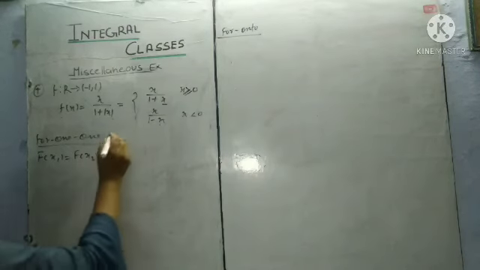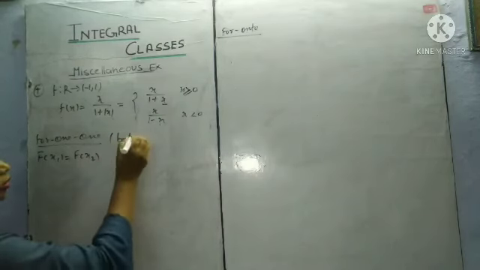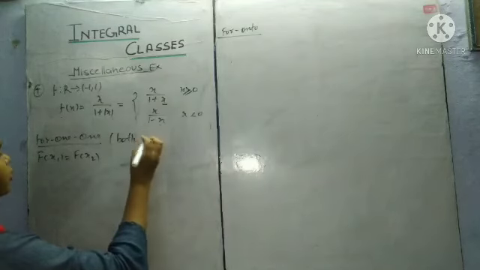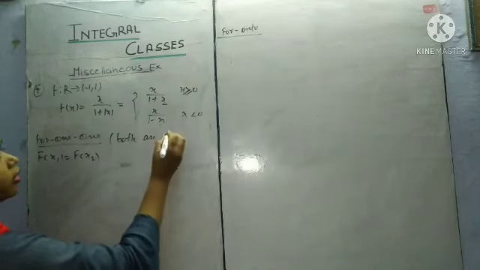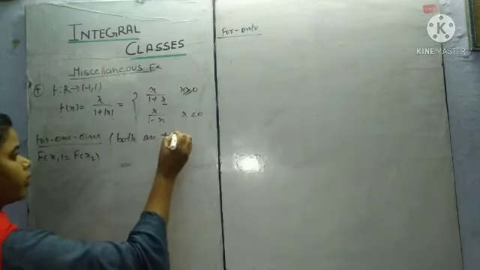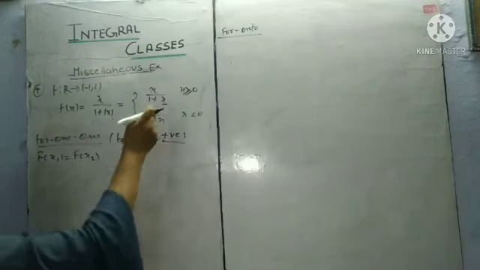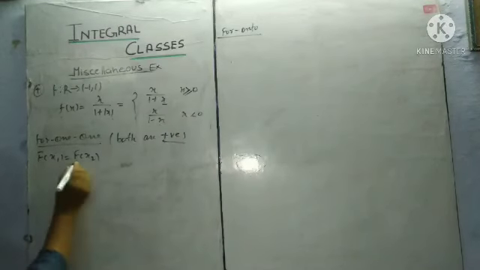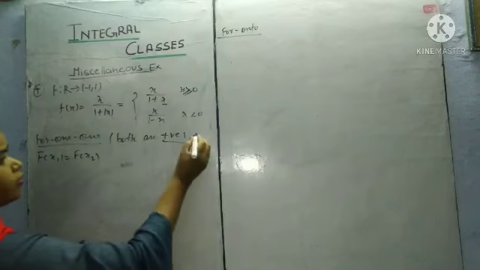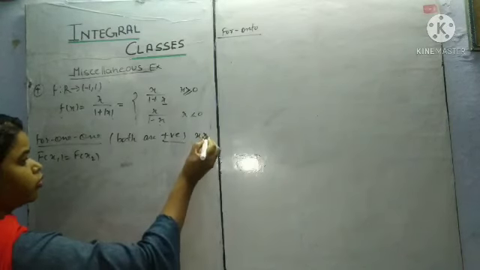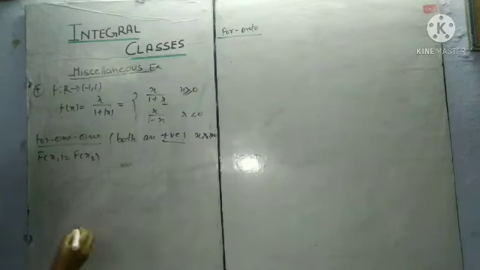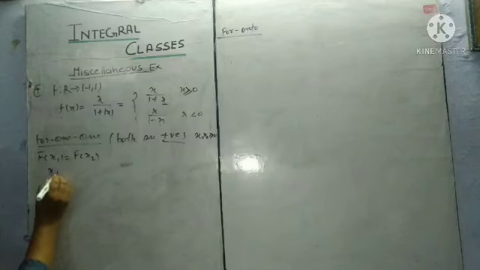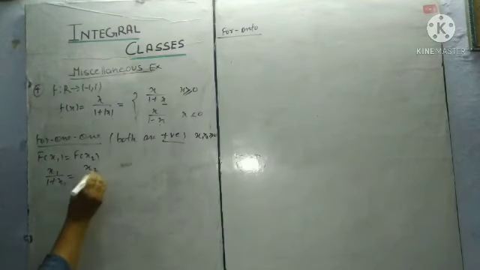So we will consider both positive. We will consider x1, x2 both positive. So for f(x1), f(x2) positive, it means x1 and x2 are greater than or equal to 0. So we will write x1 upon 1 plus x1 equal to x2 upon 1 plus x2.